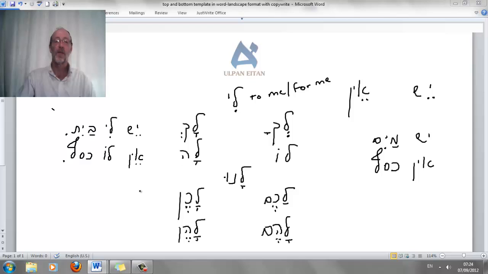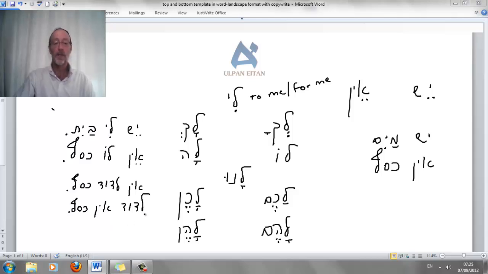I think the most common formalization of this phrase, David doesn't have money, would be ein leDavid kesef. An alternative, which is perfect, would be leDavid ein kesef.